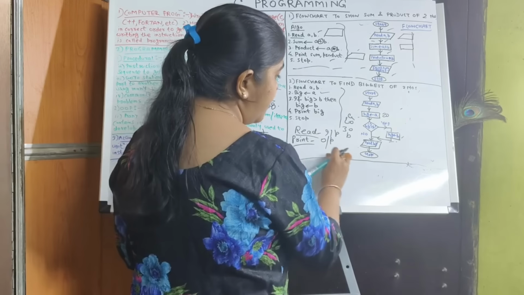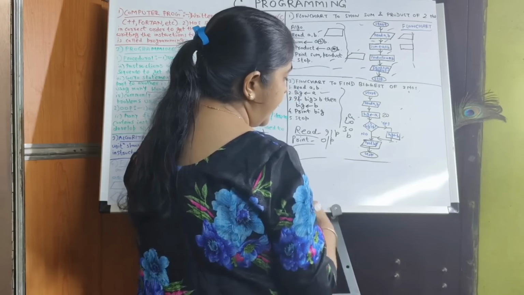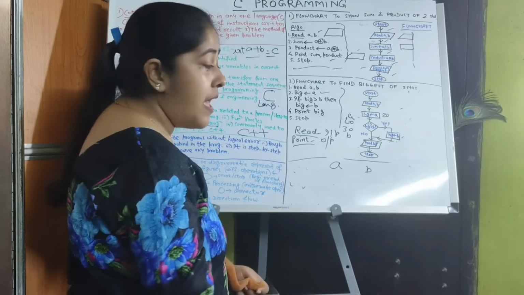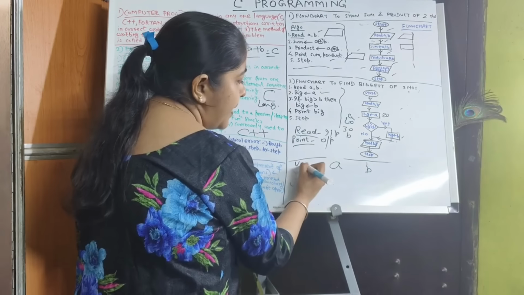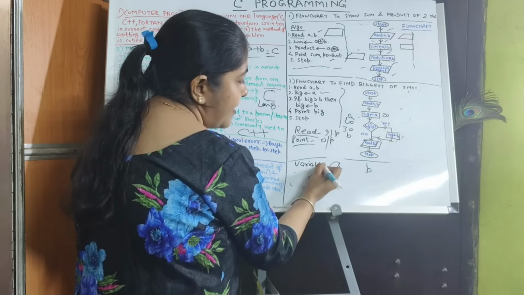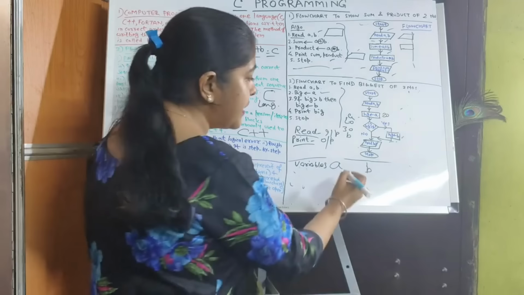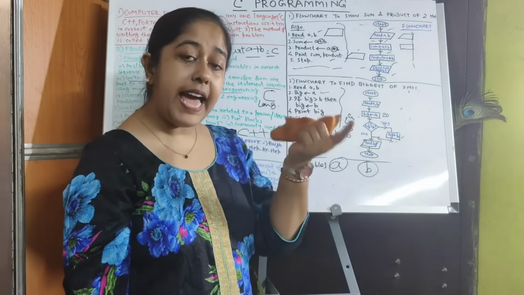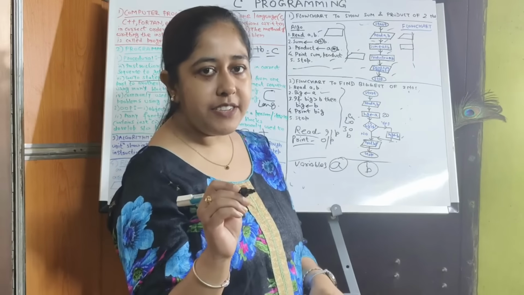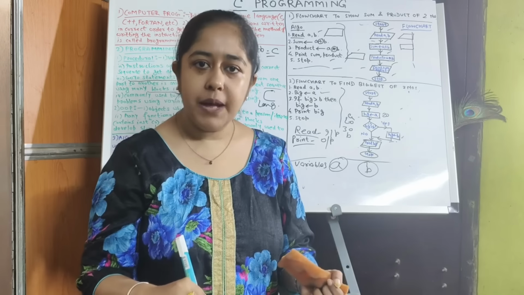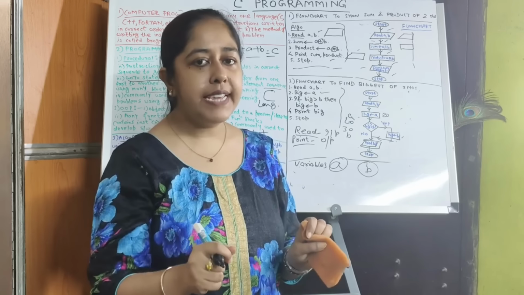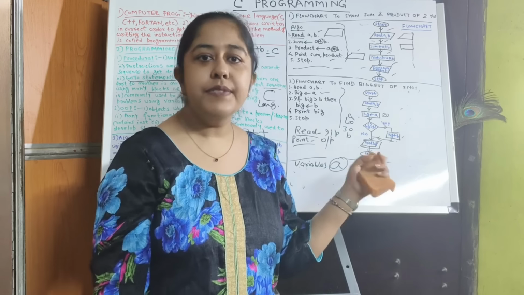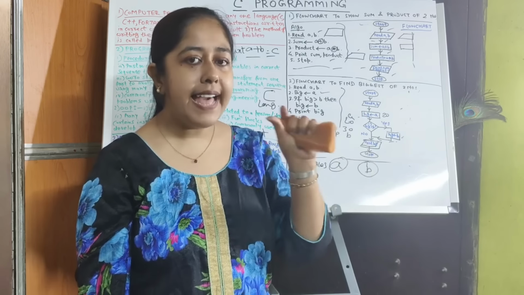Suppose here we are taking two numbers, A and B. These are my variables to which I will assign integer values. Since I am doing a sum, first of all I will take an integer. You can take float, double, anything, but here we will take int.